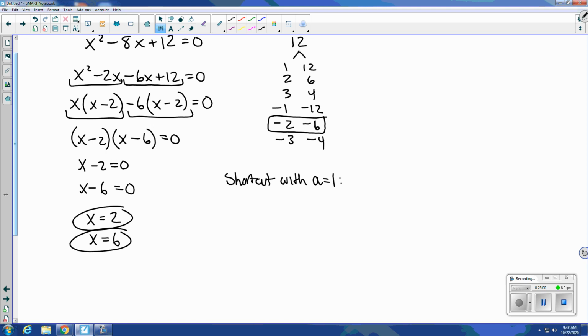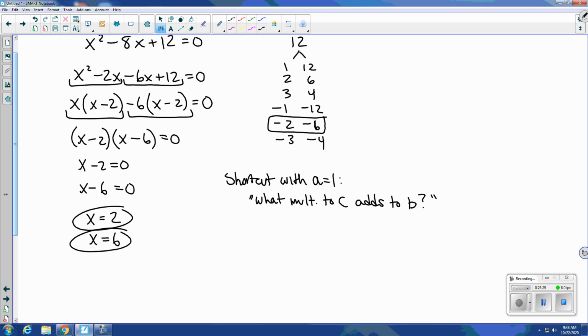You just ask yourself, what multiplies to c and adds to b? That's the question you're going to ask yourself. So my c term was 12. So what multiplies to 12 and adds to negative 8?